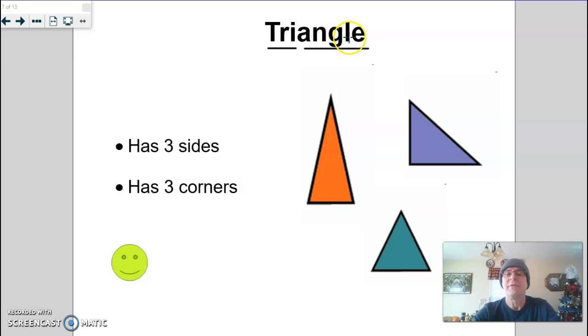Actually, I believe this is a root word, angle, and this is a prefix, right? It comes before the root word. And the prefix tri means three. Three angles. Triangle. Like a tricycle bike has three wheels, right? Tri means three. So when you're talking about a triangle, you're talking about three angles. There's one angle, two angles, and three angles right there. Or three sides. You could think of it that way too.